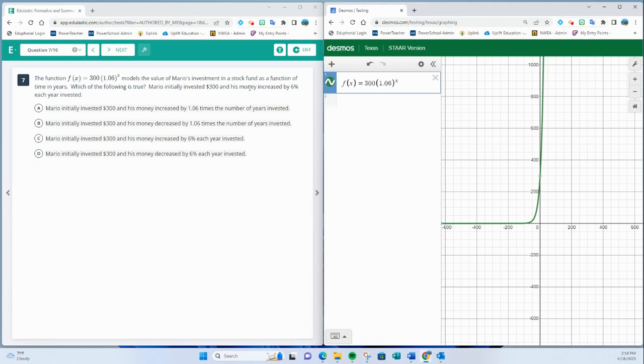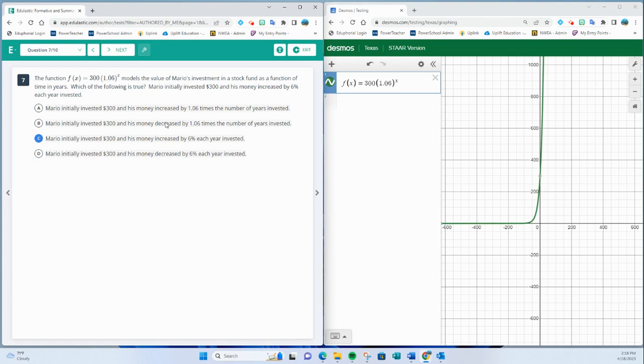So which of the following is true? Mario initially invested 300 and his money is increasing by 6% each year. So we're trying to figure out, it's just C.